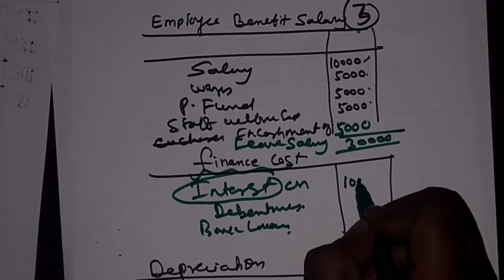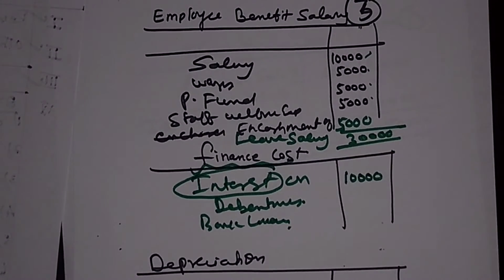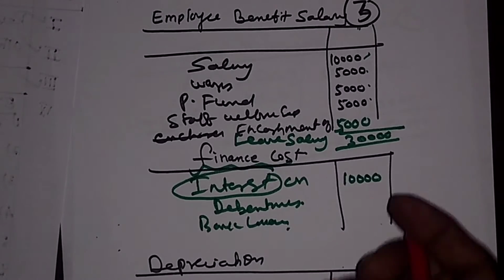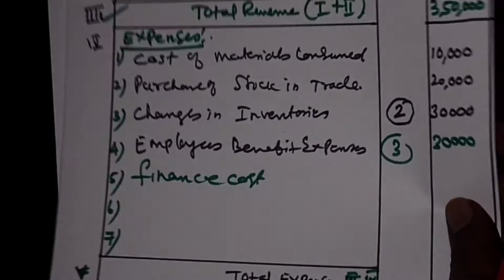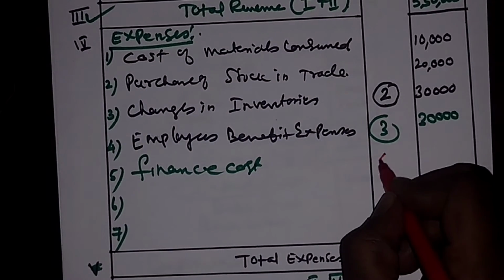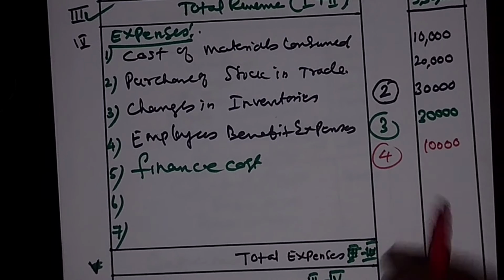For example, let me write here 10,000. For this I will give note number 4. Now let us see here, finance cost, note number 4, 10,000 rupees.